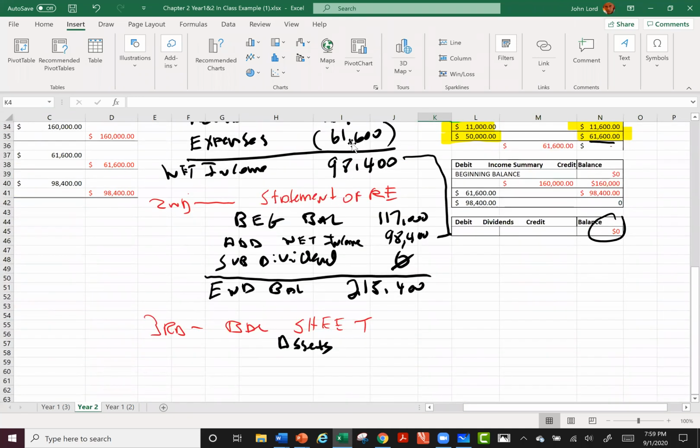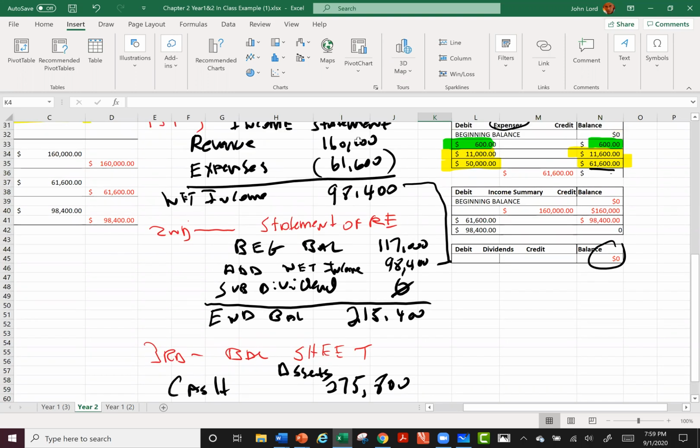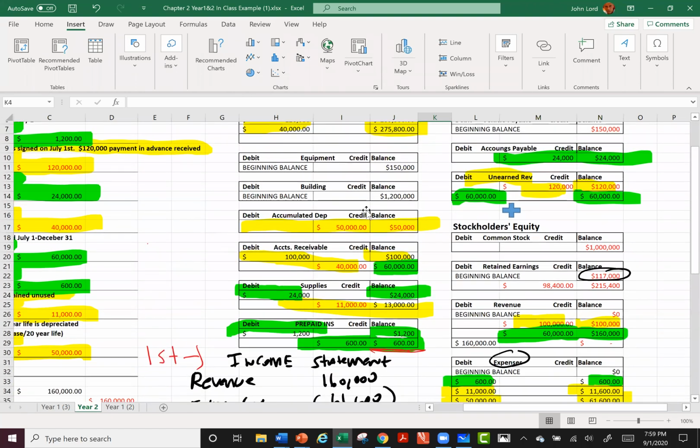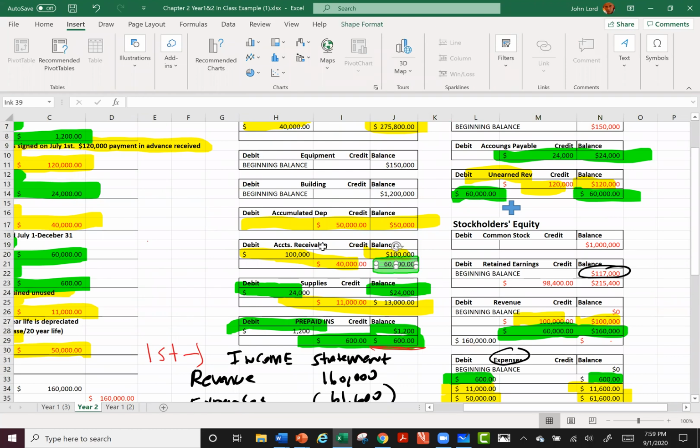Not bad. So my cash is 275,800. That's a comma. Commas are terrible. Okay, good. Any other assets up here? I'll tell you what, humor me, guys. I want to put accounts receivable next. Is that an asset? Yes.